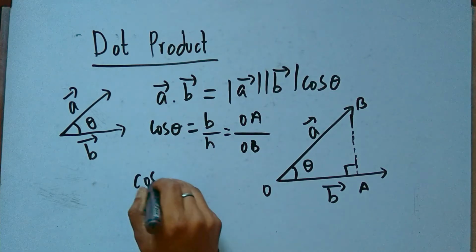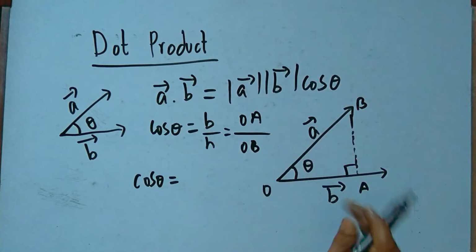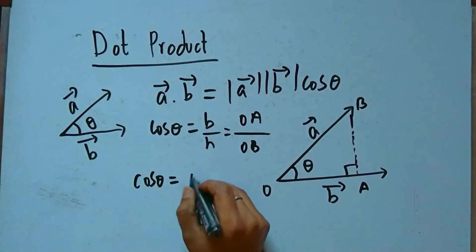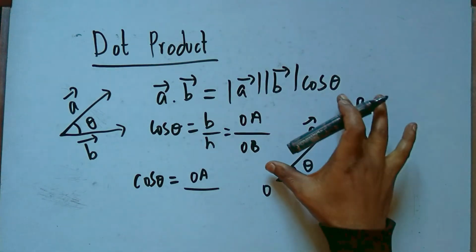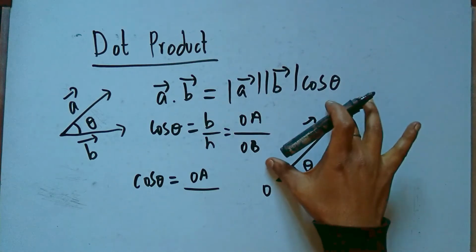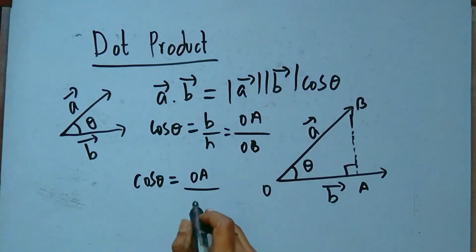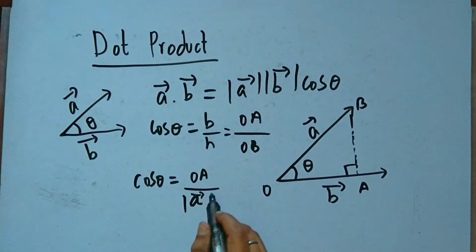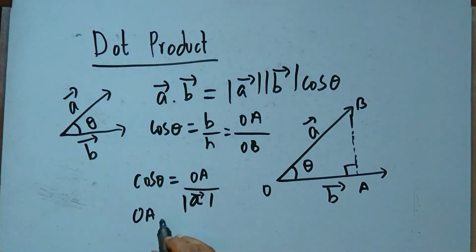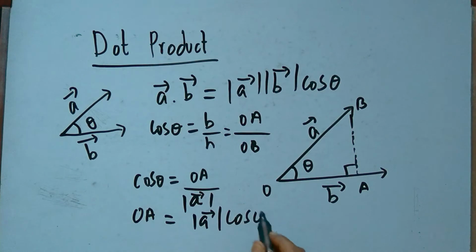So cos theta is equal to OA by OB. OB is the length of this vector, that is magnitude of this vector, which is A. So OA is equal to A times cos theta.